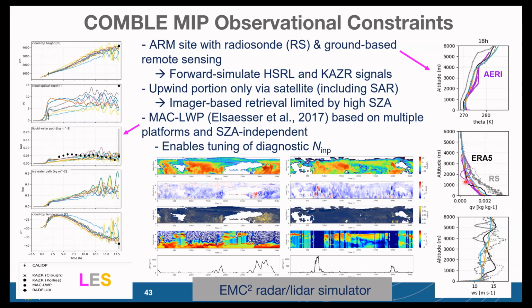So ERA5 is the black line. I didn't really explain this. ARI, which is the radiometer, is these purple lines, and then the radiosonde RS are these gray lines. It seems like ERA5 has this strange decoupled type of profile here.